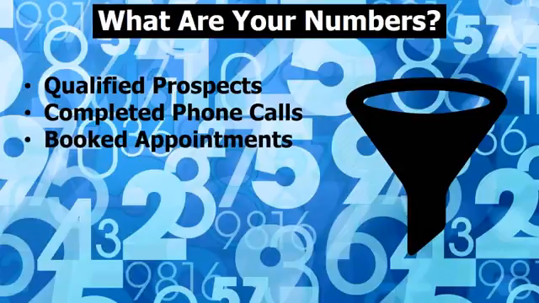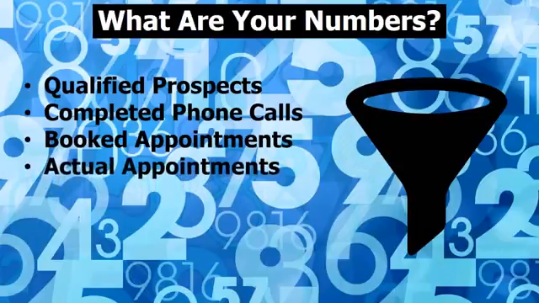If you are successful scheduling appointments with 10 prospects, this becomes your second ratio. On or before the appointment date, some prospects may postpone, cancel, or even be a no-show on the appointment date. Depending on the level of professionalism within your client base that you sell to, this may be rare or more frequent. Ultimately, your overall success rate hinges on actual completed appointments.